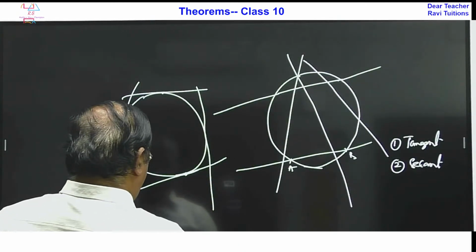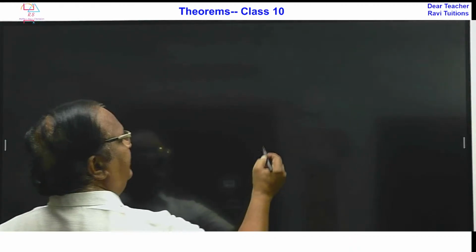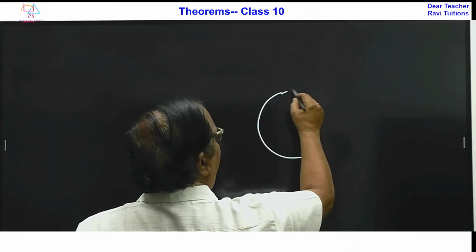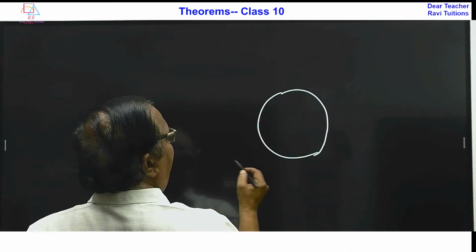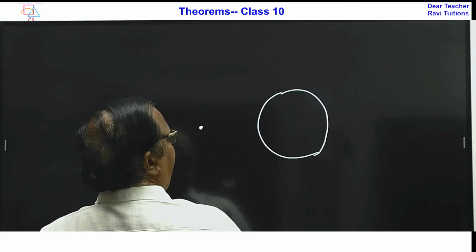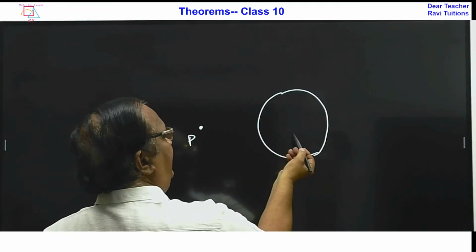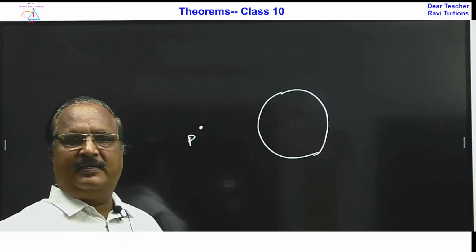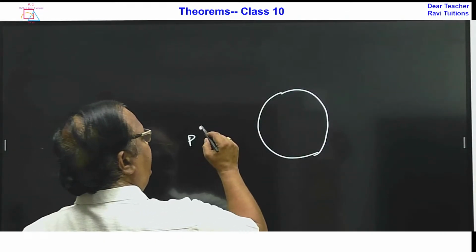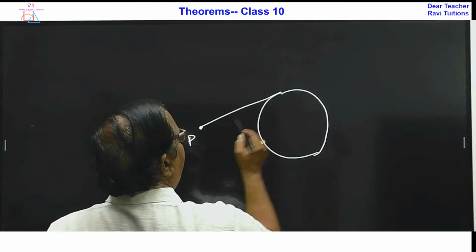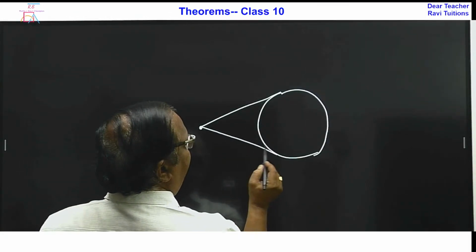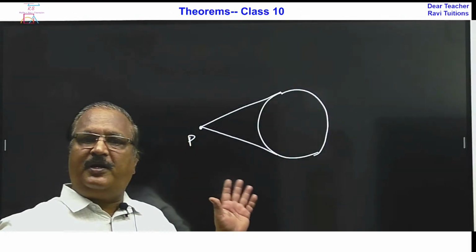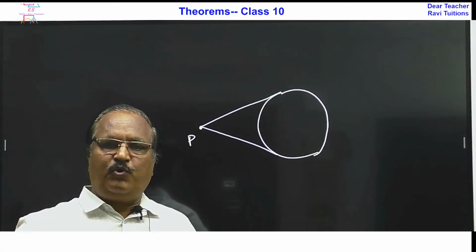Right? So now let us go to the next part. There is a circle. Now there is an external point, the point P lying outside. So how many tangents we can draw? This is one tangent and this is one tangent. So from an external point, this you may get as a problem also.